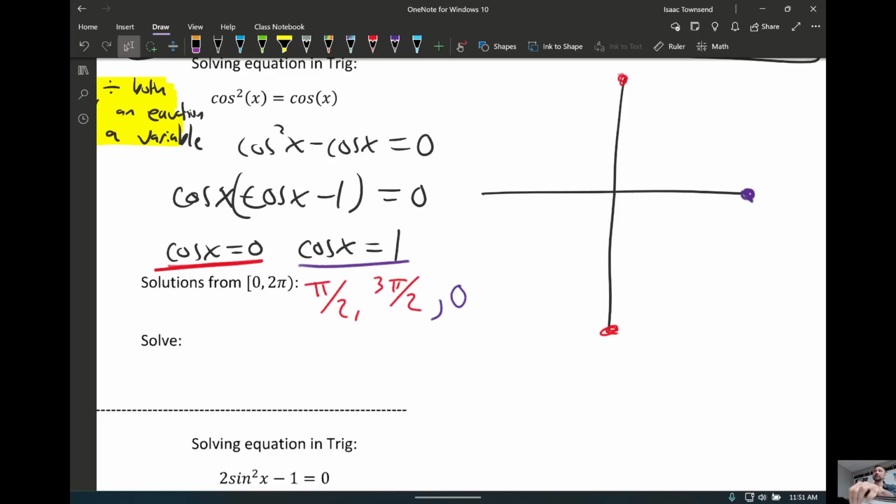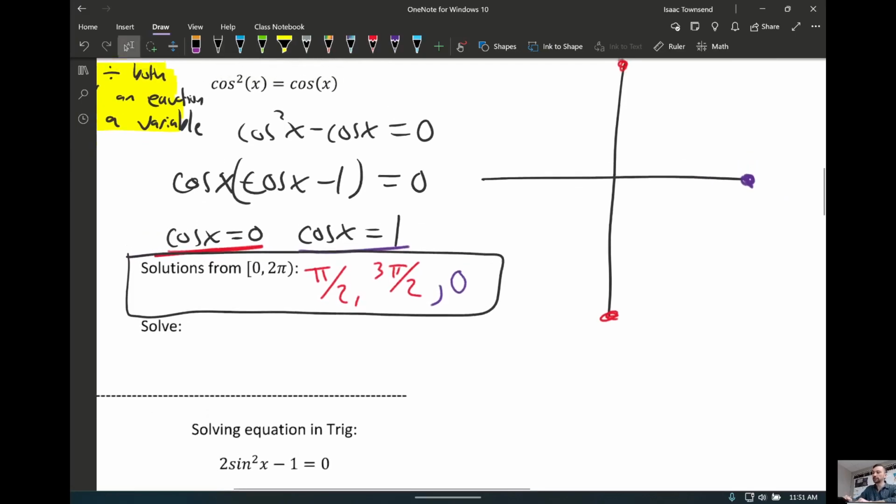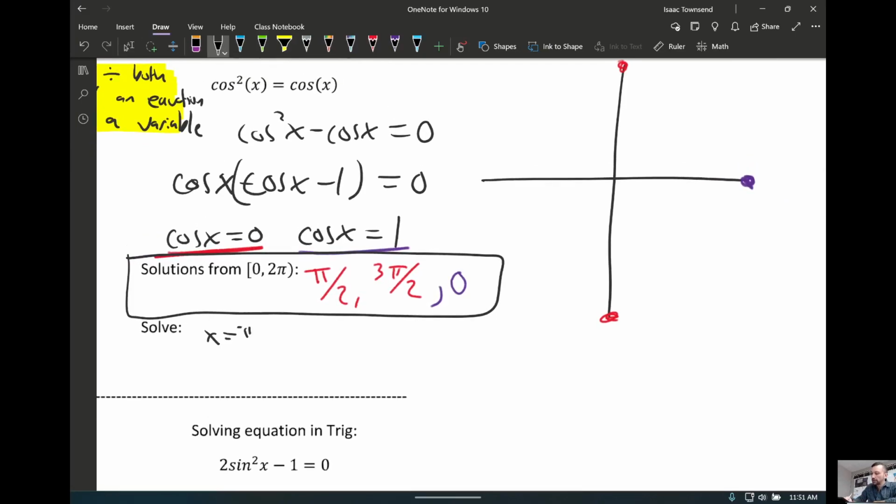So there's 3 places where cosine is either 0 or 1. So if the directions ask for that, you're done. If the directions ask you to solve, you can say pi over 2 plus everything coterminal, 3 pi over 2 plus everything coterminal, or 0 plus everything coterminal.